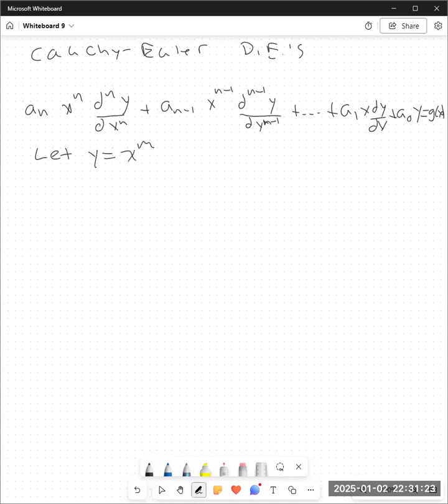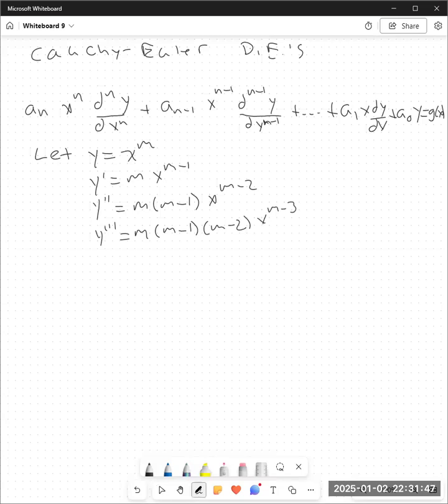And then we're going to find our derivatives. Y prime equals m x to the m minus 1. Y double prime equals m times m minus 1, x to the m minus 2. Y triple prime equals m times m minus 1 times m minus 2 times x to the m minus 3.